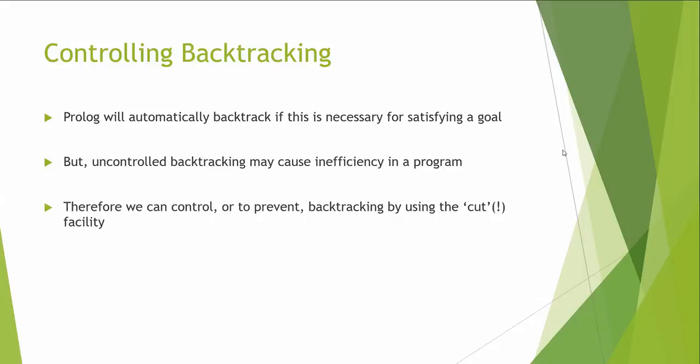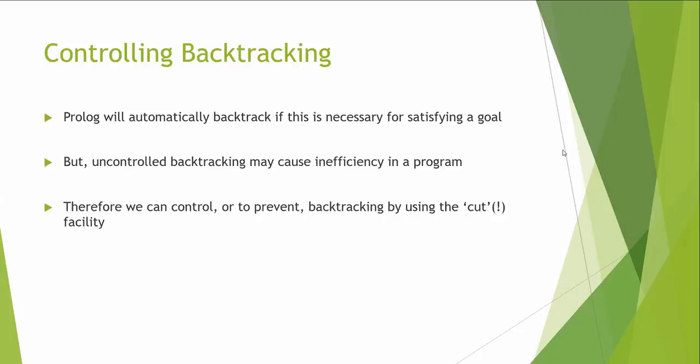And for that we have a special goal called cut, which is symbolized by the exclamation sign, right? So what is the job of this cut? What is the role of cut? The cut is used to prevent Prolog from unnecessary backtracking, right?